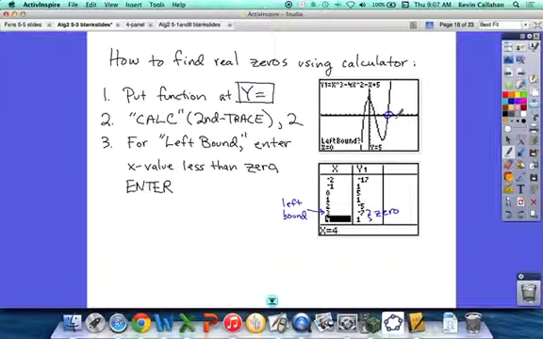What do you use as left bound and right bound? 3 and 4, because you can see it changes sign between 3 and 4. The zero's in there somewhere. So go through the same steps. Second trace 2. Left bound 3, enter. Right bound 4, enter. Guess, enter.